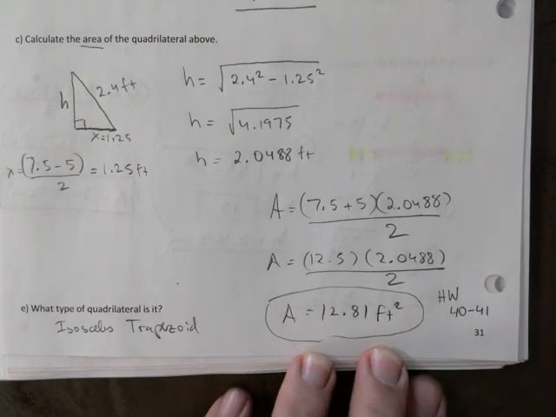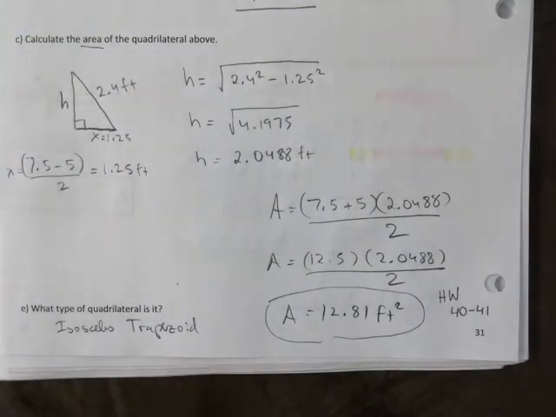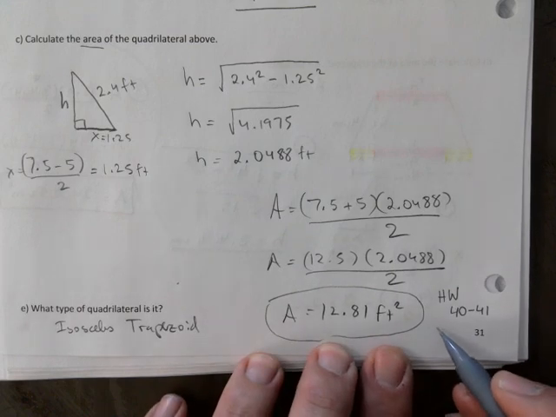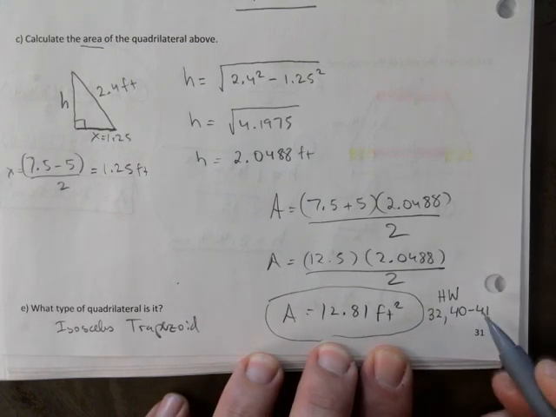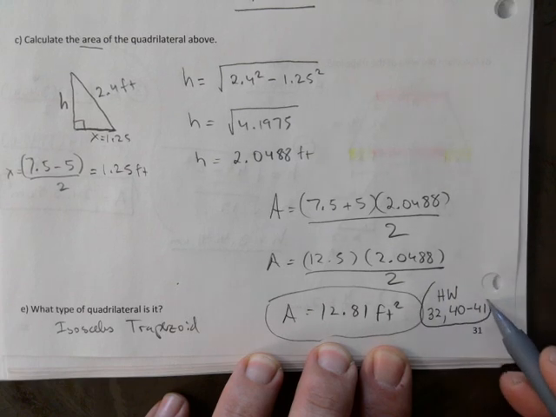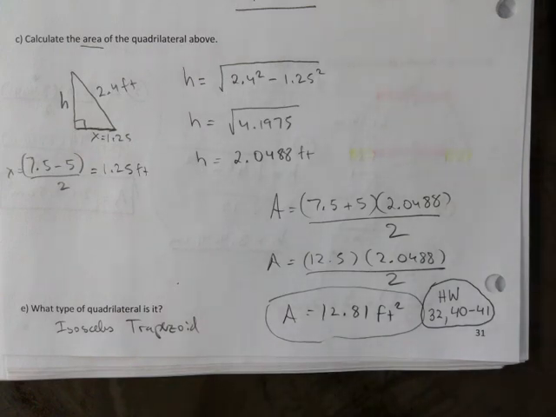There's a right trapezoid right after this, you see that? On page 32. I'm going to add that. So page 32 and then 40 to 41. You should be able to do that. If you tried and you can't, come and see me. I will post the keys a little later today. I haven't keyed it all yet.